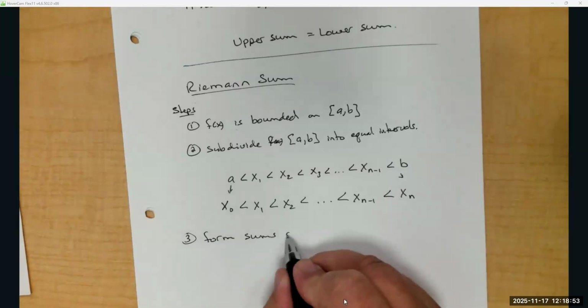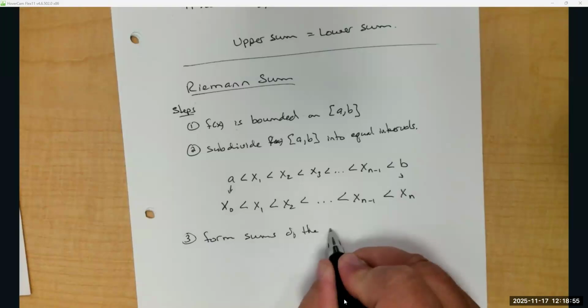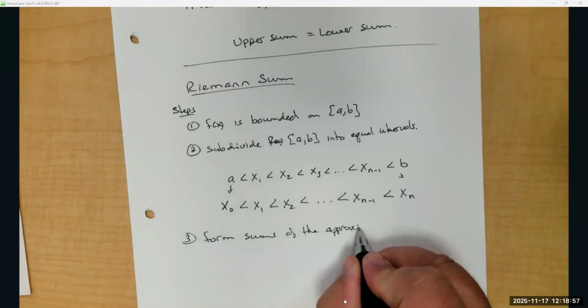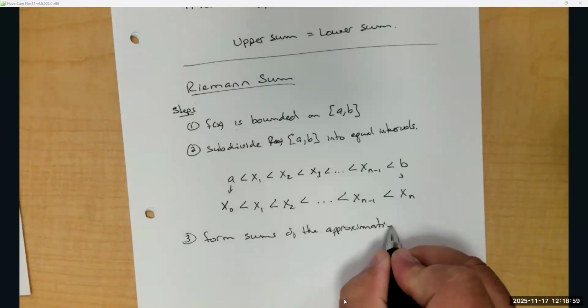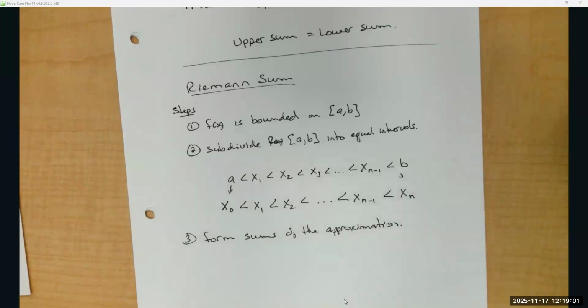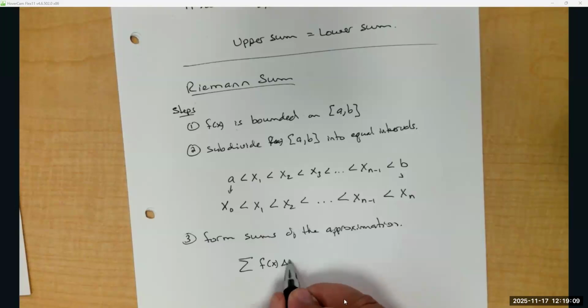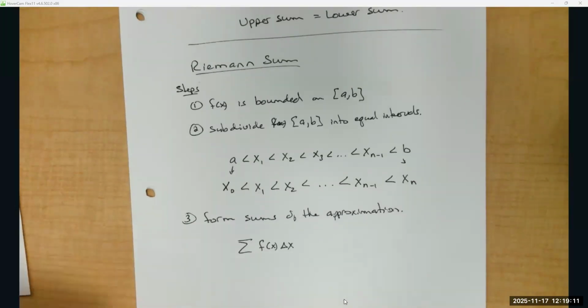Form the sums of the approximation. What does that mean? Define each of those values, whether you use upper or lower bound.